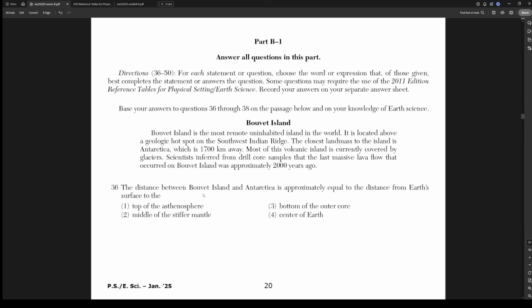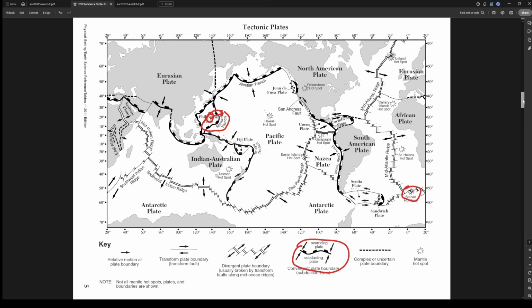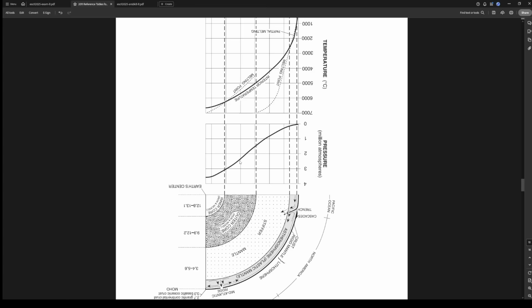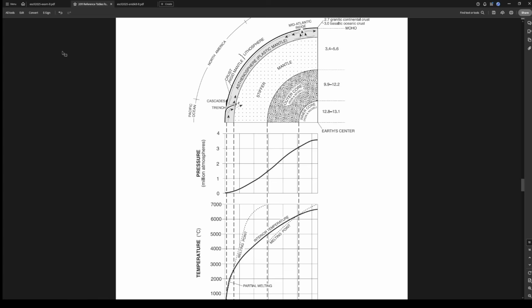The distance between Bouvet Island and Antarctica is approximately equal to the distance from Earth's surface to what? Wow, this is annoying. So it says it's 1,700 kilometers away. They want you to take that. We're going to go to this one. I'll rotate this because I'm looking at it sideways, but I don't want to confuse you guys.